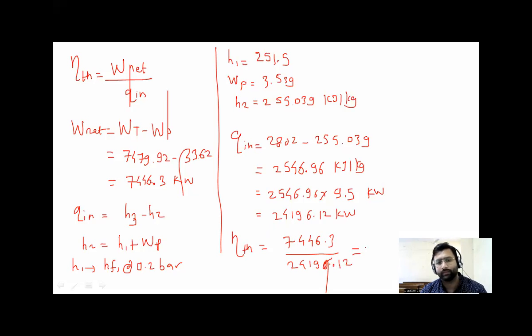Calculate. Point 3077, or you can say efficiency is 30.77%.